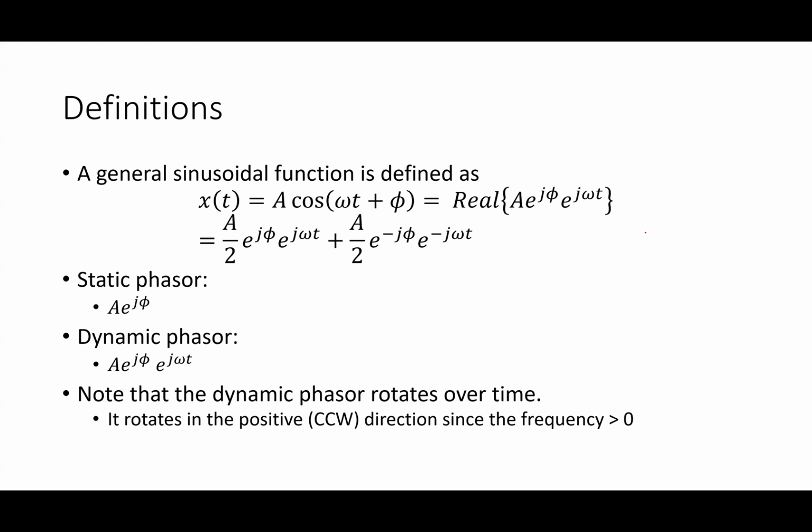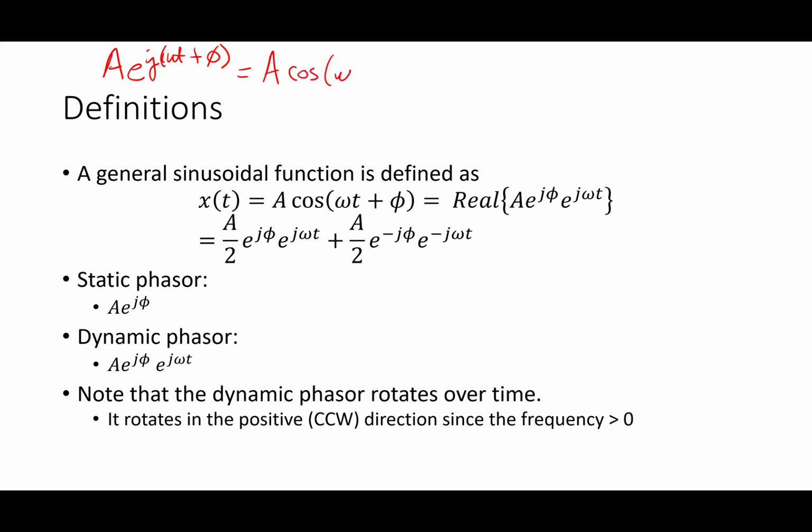So let's say I have a cosine omega t plus phi. And let me actually do it this way. Let's say I have a e to the j omega t plus phi, like that. That I can expand out using Euler's identity. Help me expand that using Euler's identity. How do I expand that out? A cosine what?